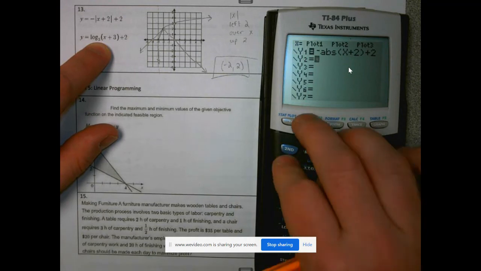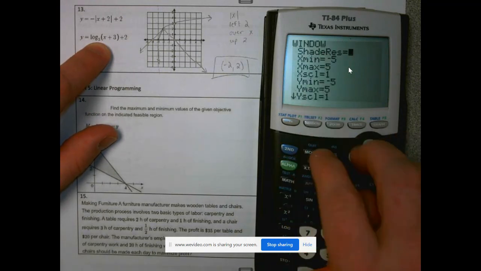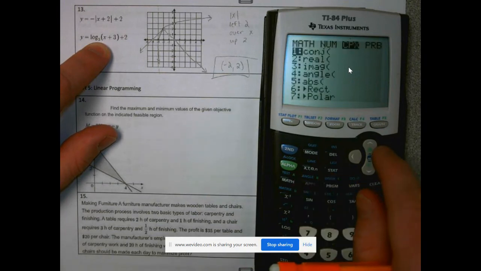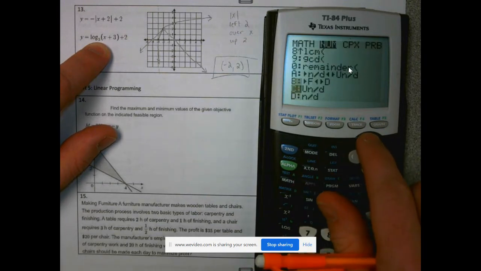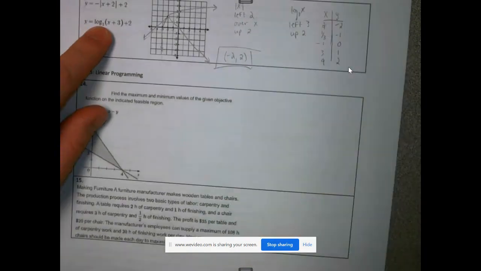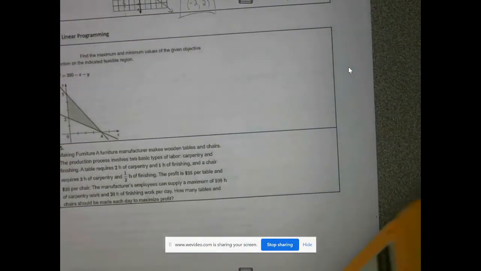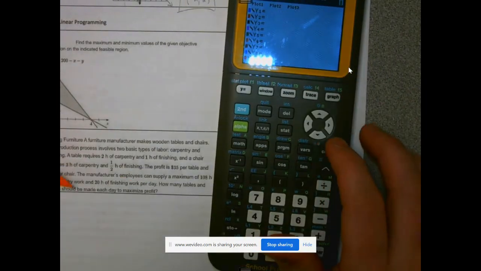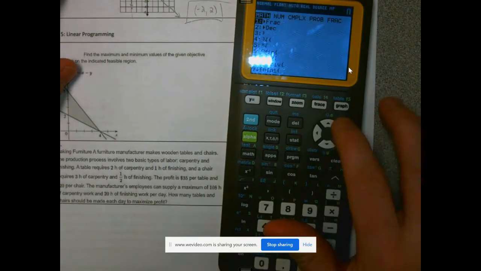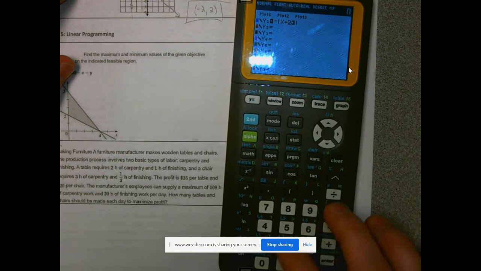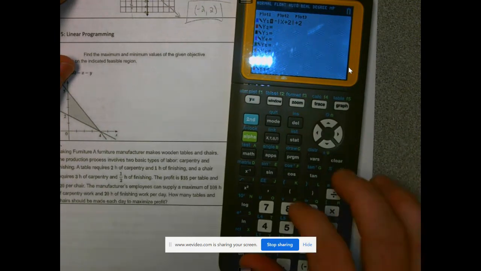And then your log, doesn't look like I could do it on this calculator. Let me grab another calculator. So negative absolute value of x plus 2 plus 2.